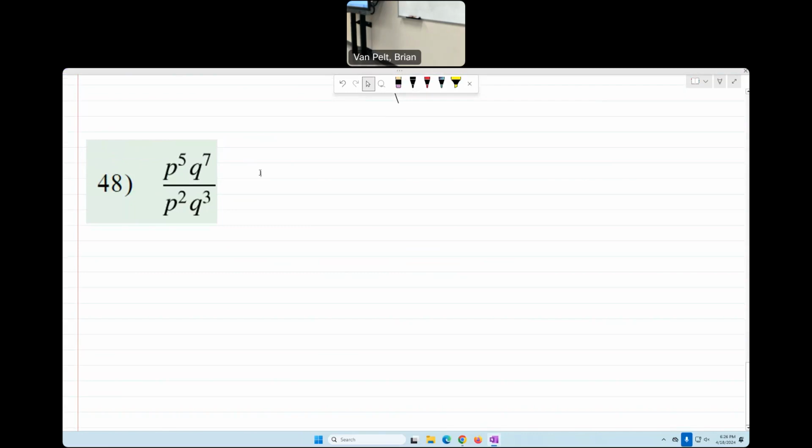With this one here, here's what I would do if I were doing it by hand. I would rewrite it. I'm always a big fan of rewriting things in convenient ways.